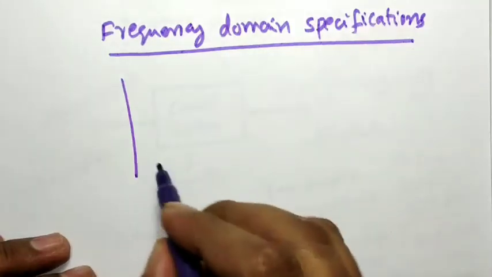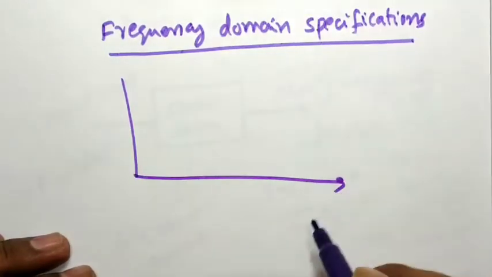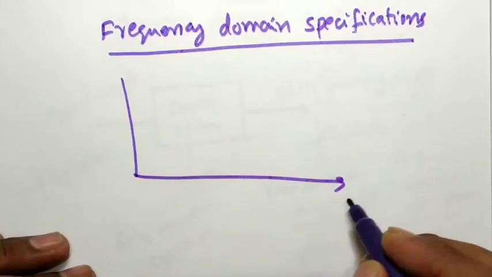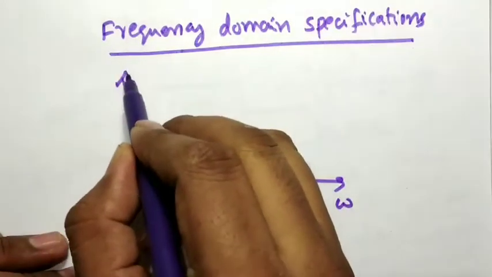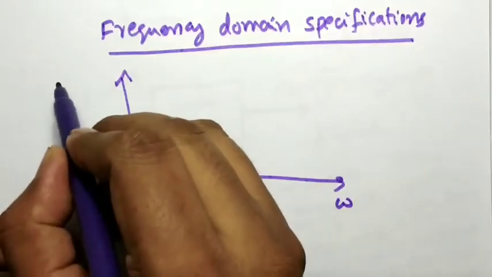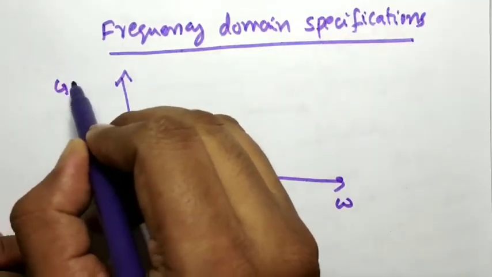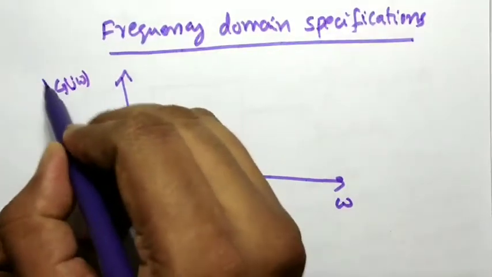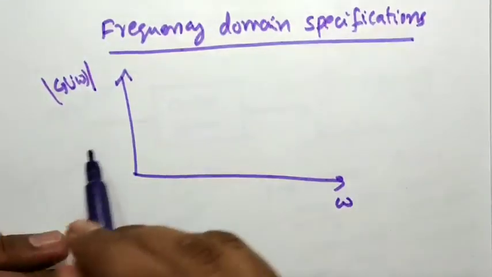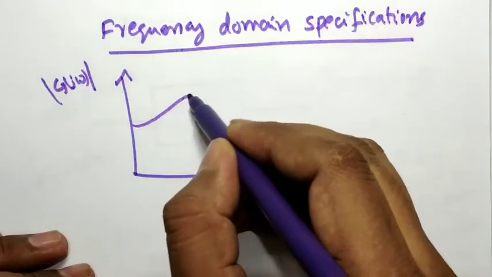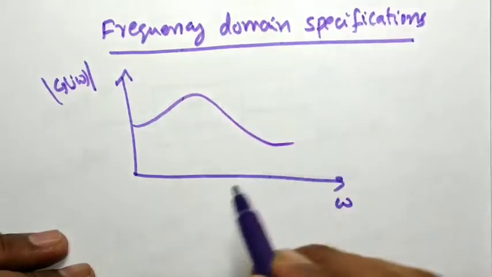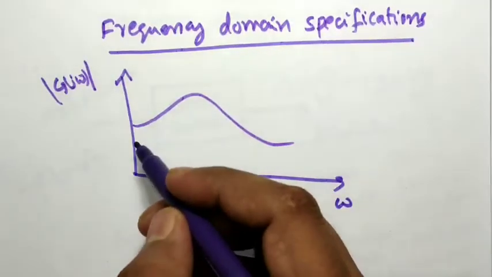This is a graph of the frequency domain response. This is omega, and this is the magnitude plot, the magnitude of G(j omega).